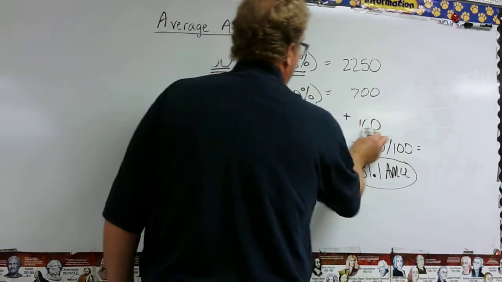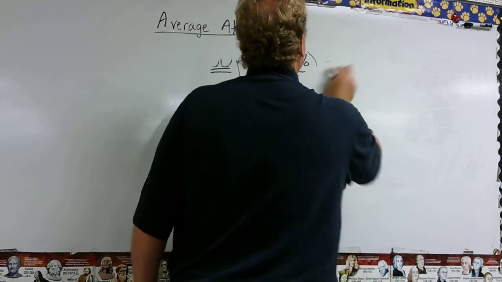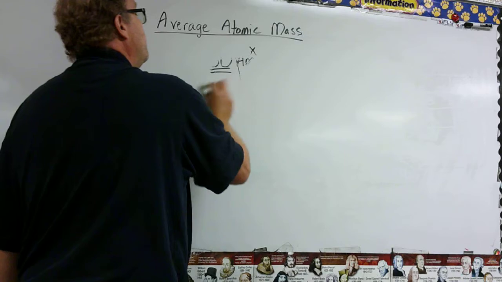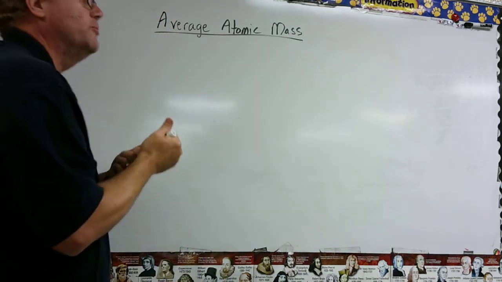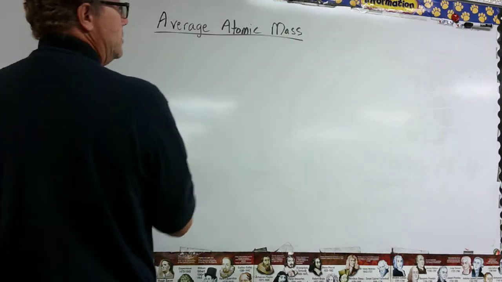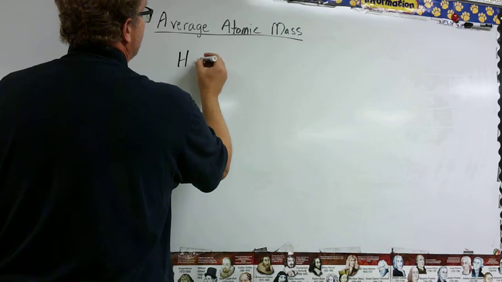Let's go ahead and do another one. The reason I show it this way is because sometimes when you get below 10%, there are some number problems and some people don't even pay attention to it. We're trying to get rid of that part. Let's say I have hydrogen.